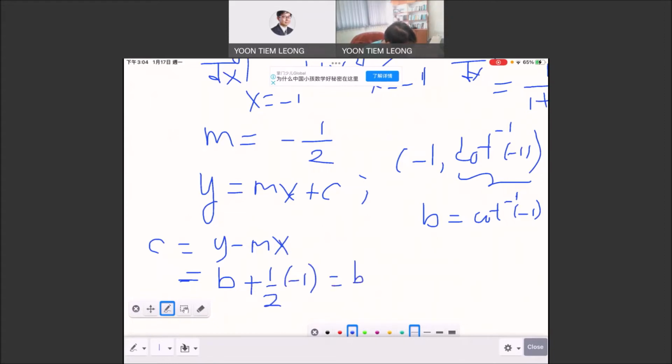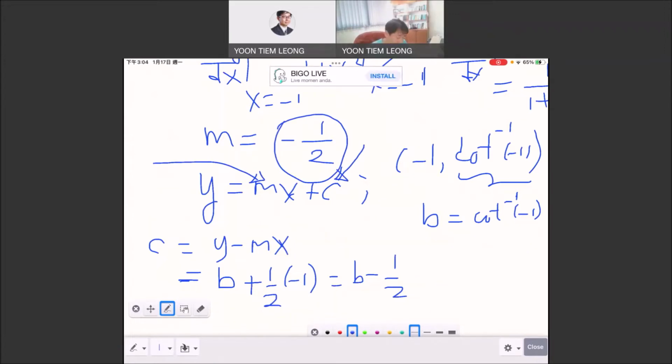So this is B minus half. So that is the intercept for the straight line describing the tangent line, and m is the slope of the tangent line. I'm quite sure that this is not wrong, because my slope is indeed negative, which I anticipated early on.